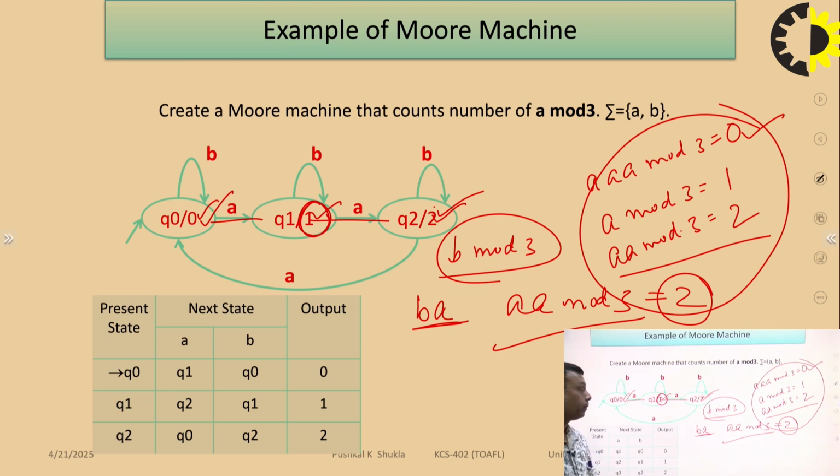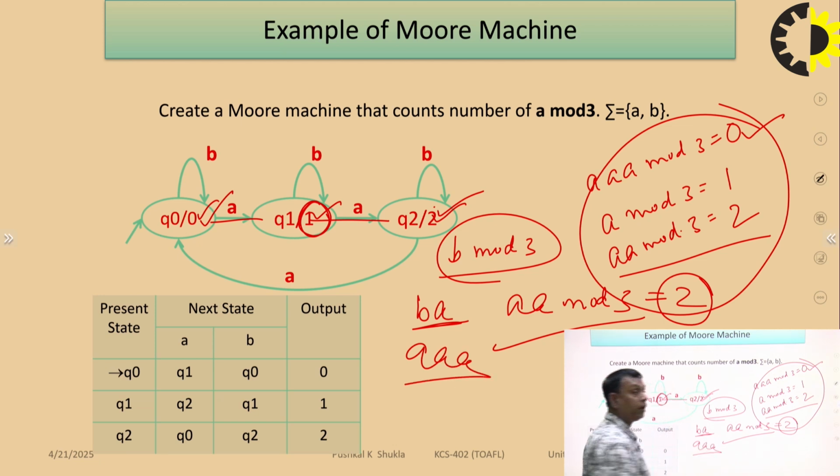Again, if you take AAA, the number of A's here is 3 and 3 mod 3 equals 0, so it will reach the output 0 at the Q0 state. So here we see the Q0 state associated with output 0, Q1 state associated with output 1 and Q2 associated with output 2. So in this way we can make a Moore machine.